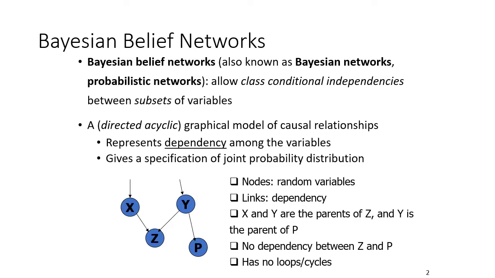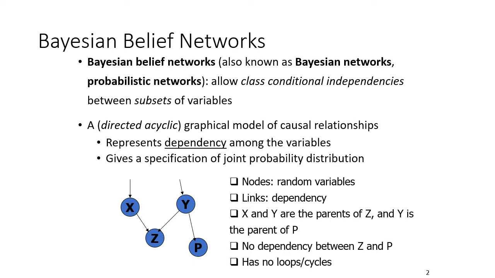Bayesian belief networks. As you know, Bayesian belief networks are basically probabilistic networks and are also known as Bayesian networks. They allow class conditional independence between subsets of variables, taking into consideration the probabilities involved with the variables while building the network.